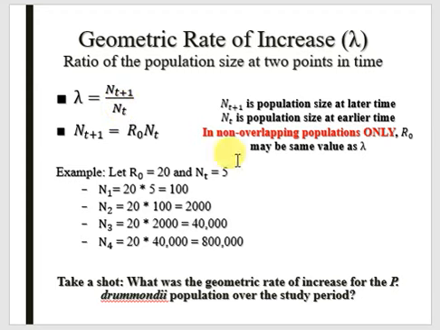Oftentimes, again, only in these non-overlapping populations, your RO value will likely be the same as lambda, because you have this constant growth rate, or geometric rate of increase, for the population, as well as a constant reproductive rate.